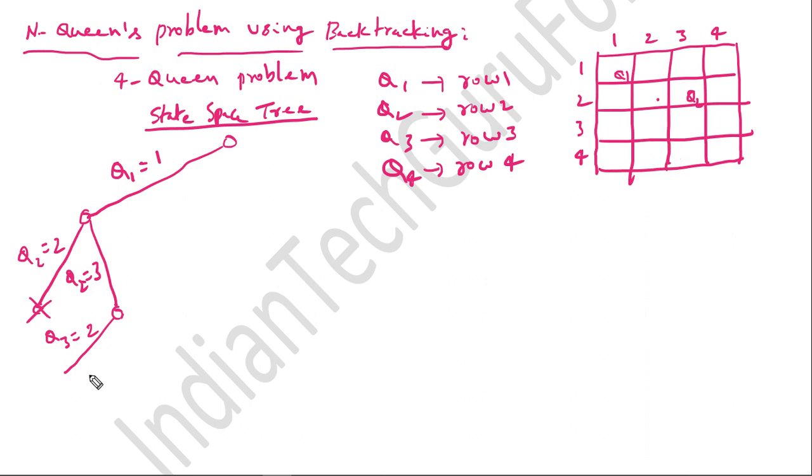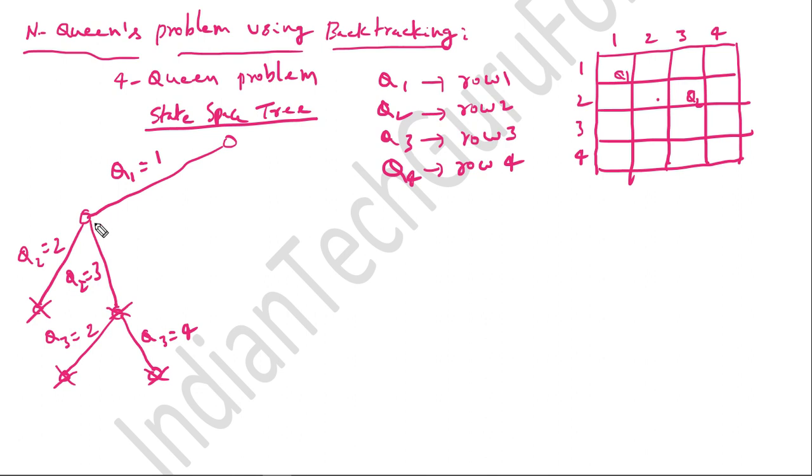If I place q3 here, there is a clash diagonally, so this path is wrong. What else? 1, 3, and 2 are over. The remaining location is q3 equal to 4. If I place q3 in the fourth location, then also diagonally it is not possible, so it is also not acceptable. Because these two are not acceptable, this path is not acceptable.